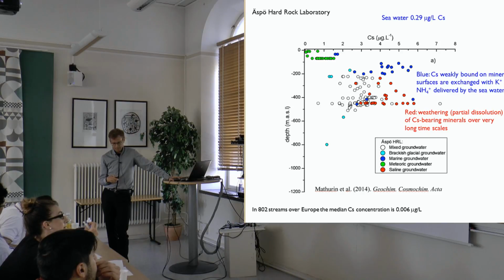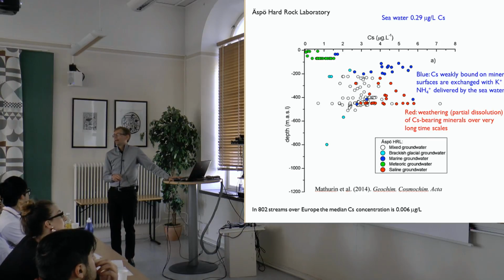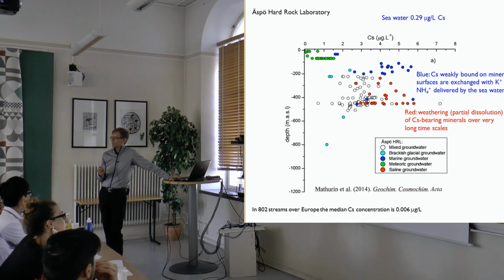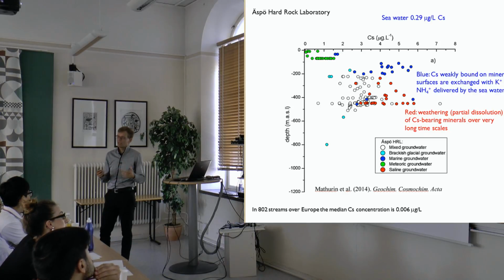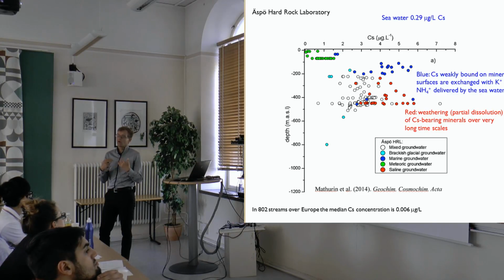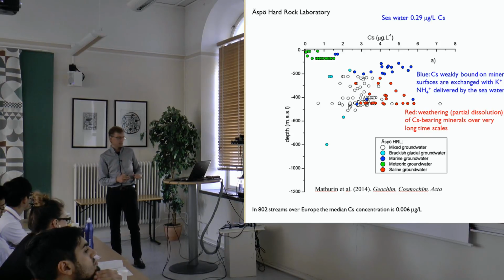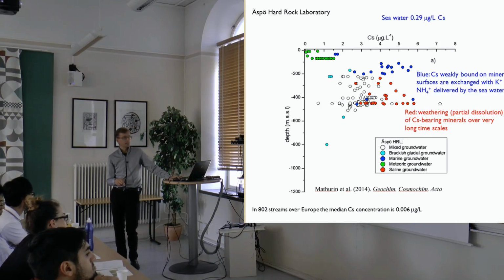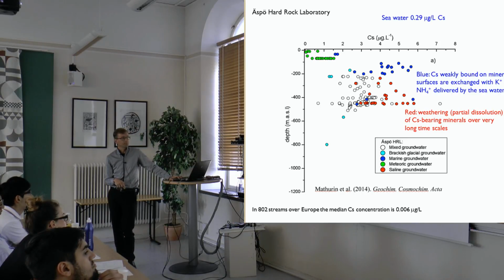And we have high cesium concentrations also in the old waters, and that may, in addition to cation exchange, simply be a very long time of weathering over millions of years. So minerals which contain some cesium are being weathered over long time scales, hundreds of thousands of years, millions of years, and when the time goes by, cesium is via that process released into the solution.